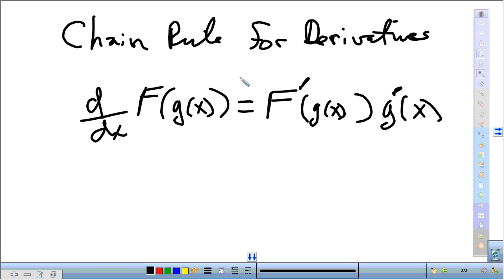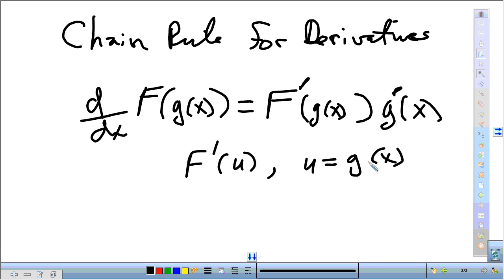To actually compute f prime of x, we looked at f prime evaluated at a single entity and then make the substitution u equal g of x to get the final solution in terms of x.